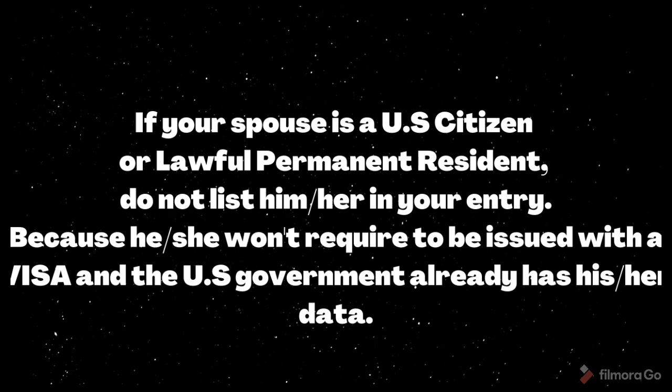So if in the application form you select that you are married and your spouse is a US citizen, during your entry, the system will not prompt you to include further information on your spouse because they already have that data in their systems because your spouse is already a citizen of that country.